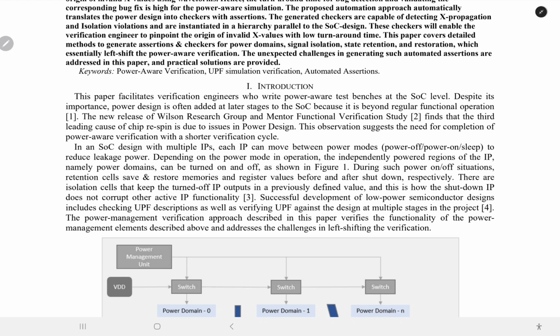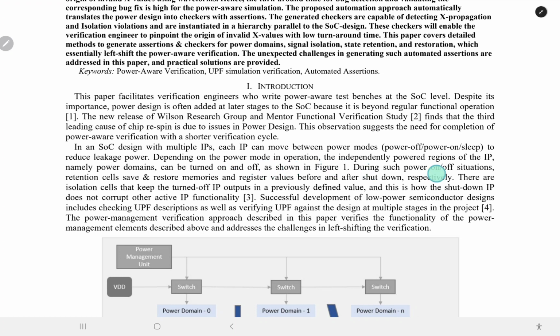In an SOC design with multiple IPs, each IP can move between power modes, such as power off, power on, and sleep, to reduce the leakage power. Depending on the power mode of operation, the independently powered regions of the IP, namely power domains, can be turned on and off, as shown in Figure 1.